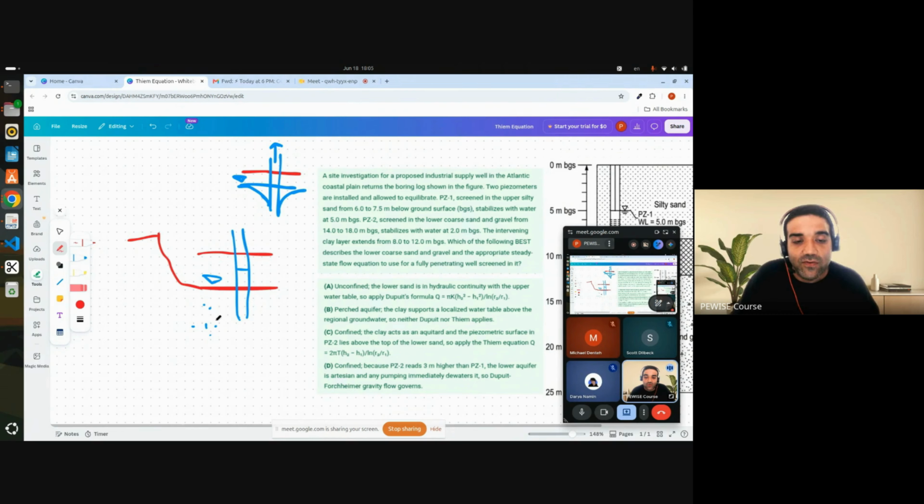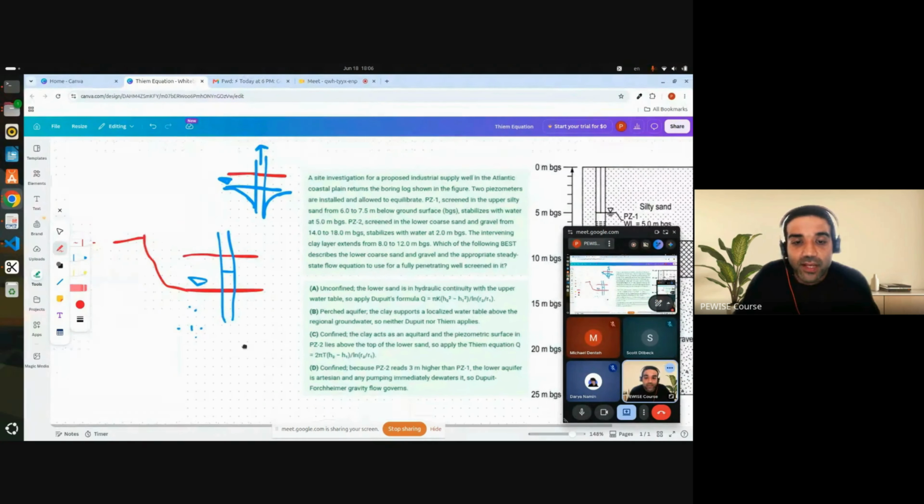The water has no way to go. So when you put a well inside, that pore pressure comes out. To see if we have confined versus unconfined aquifers, you need to look for this clay layer, and also whether the water table is above the groundwater table, the same as where you get this piezometric pressure.